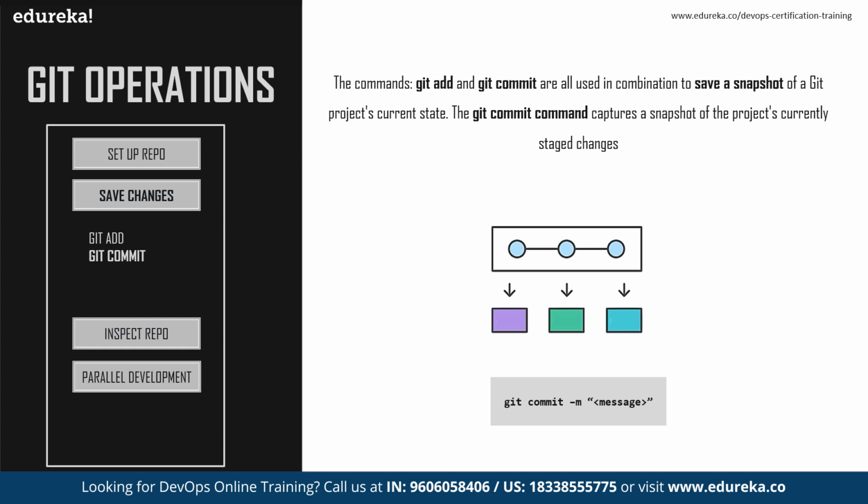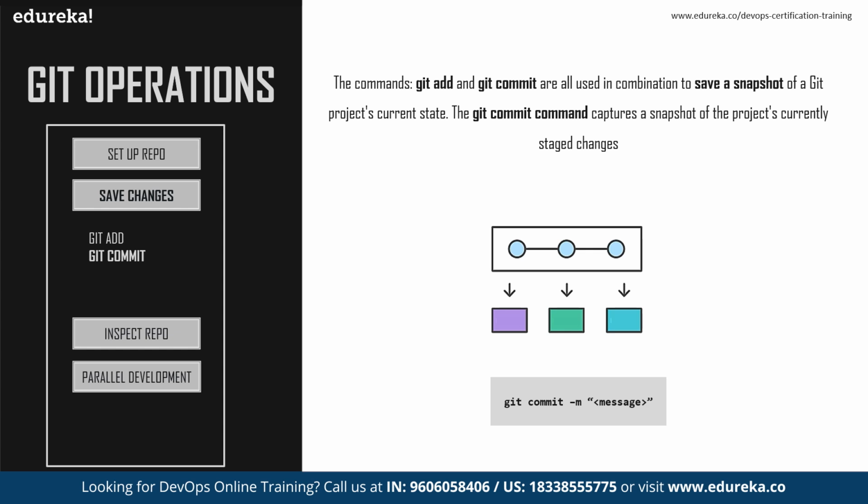Then you use the git commit command, which captures a snapshot of your project's current state. So basically, you use add to update the index using the current content found in your working tree, and then you basically prepare the content in the staging area for the next commit. Then you run the commit command to take that snapshot of your project's current status.